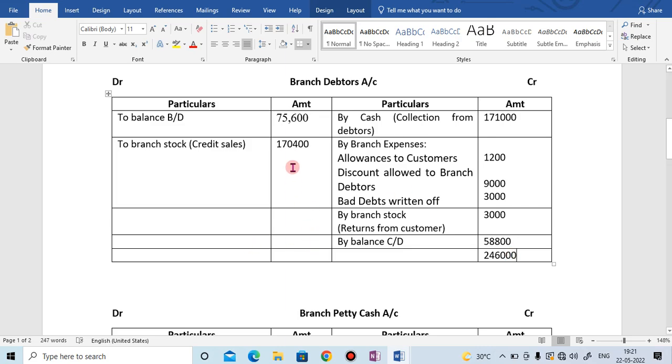Now here 1,70,400 plus 75,600, we get 2,46,000. So the debtors account is closed.